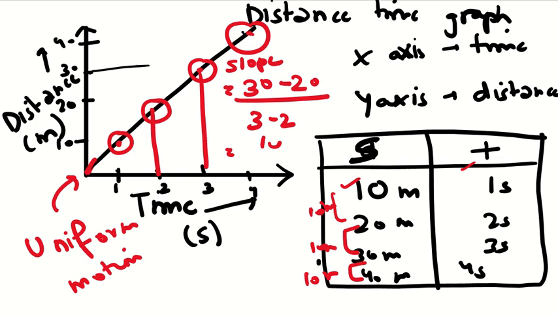This gives us 10 by 1, so 10 meters per second is the speed. You can see very clearly that the slope tells us the speed.